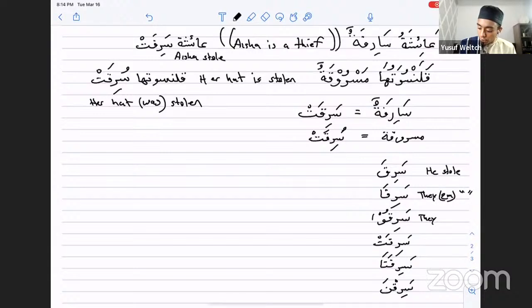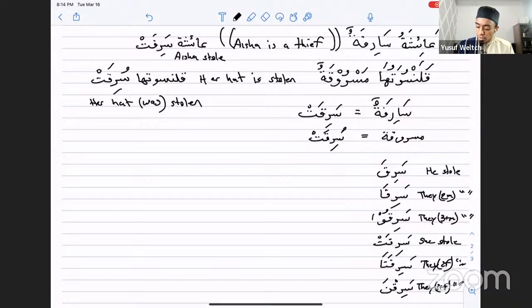They again, but this is 3 or more men stole. Then she, this is the female, she stole. They, and this is 2 females, stole, and then they, plural, 3 plus females, stole.